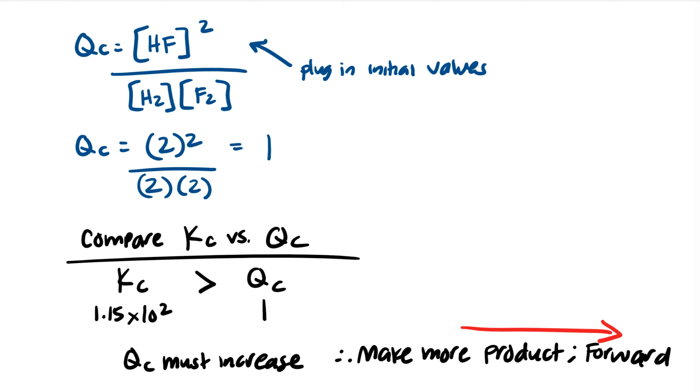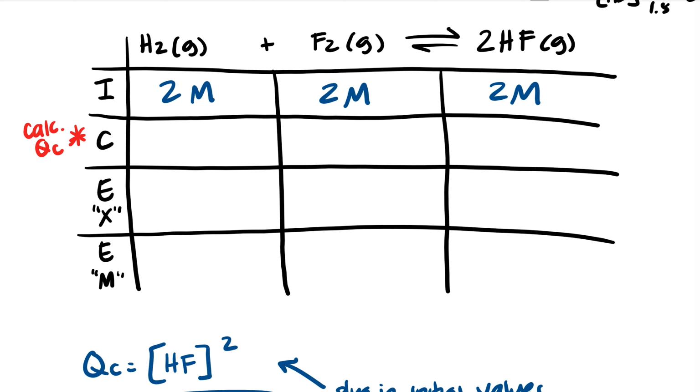Back to my ICE chart. Now we know we are moving in the forward direction. So for my change row, minus 1x for the hydrogen, minus 1x for the fluorine, plus 2x for the HF.